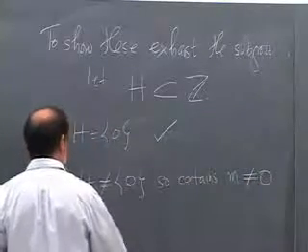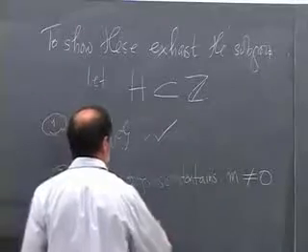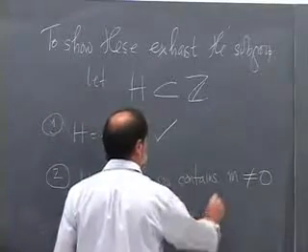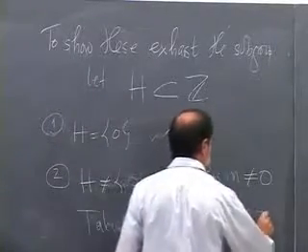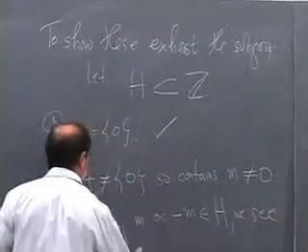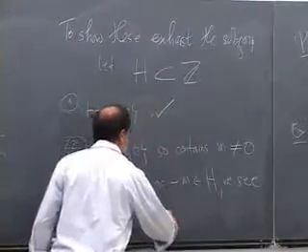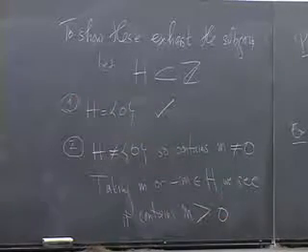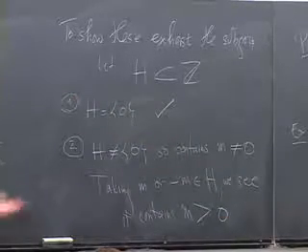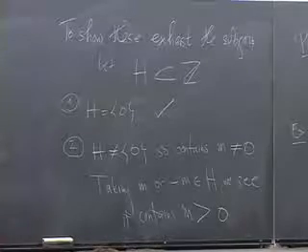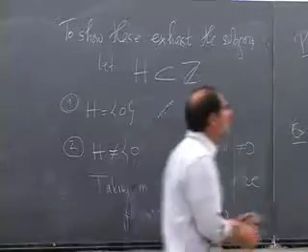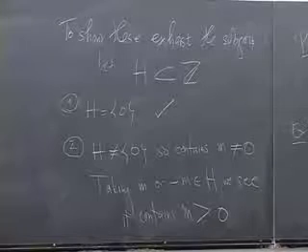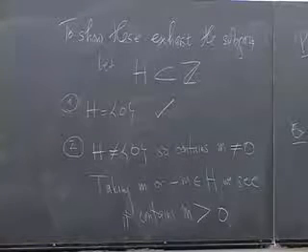Taking m or minus m in H, we see it contains some integer m which is strictly greater than 0, because it's closed under inverses. So if you found it contained minus 3, it would also have to contain 3. Okay.